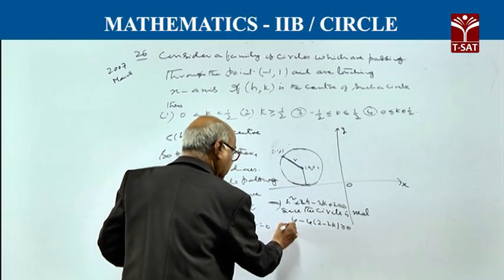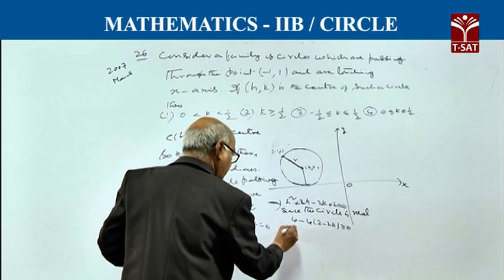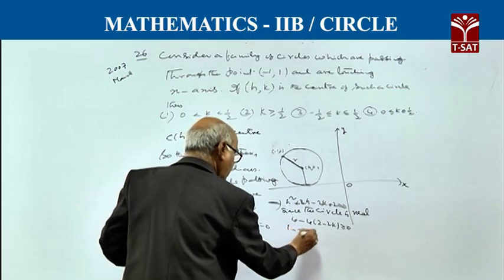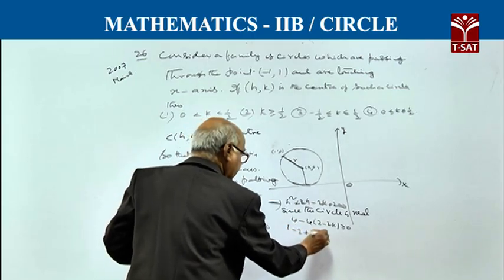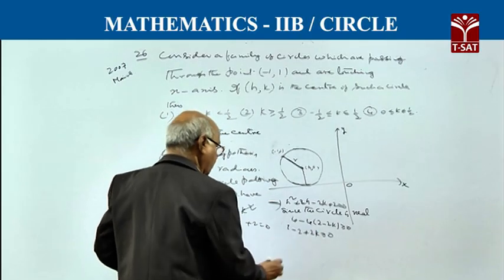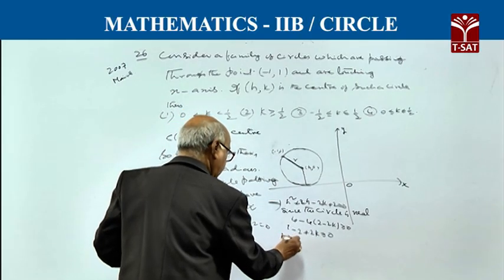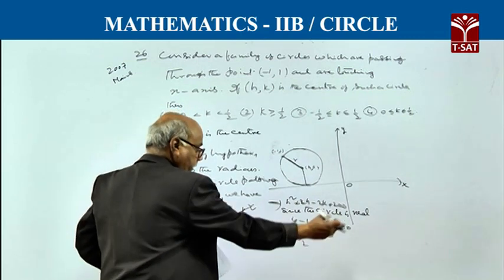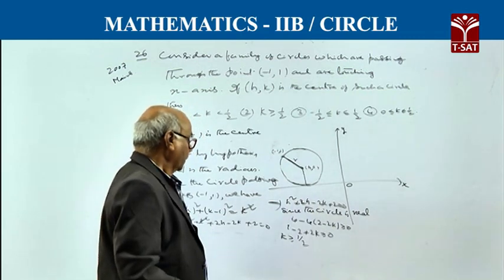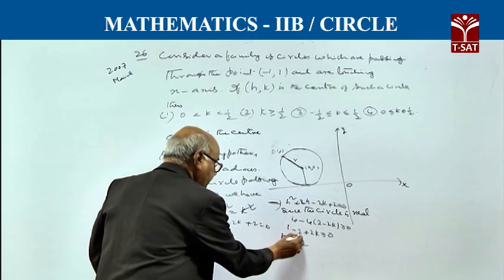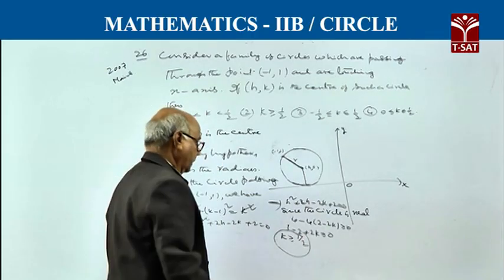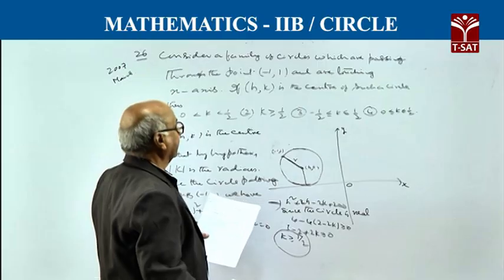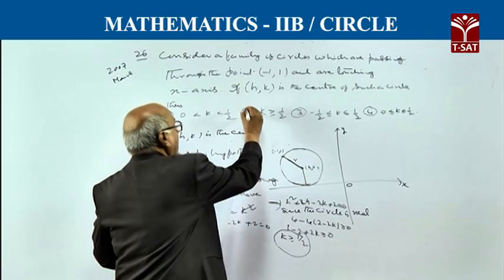So that means 1 minus 2 plus 2k is greater than or equal to 0. So therefore k is greater than or equal to half. So minus 1 you take to the side. So k is greater than or equal to half itself.